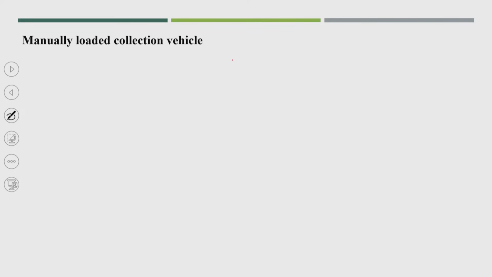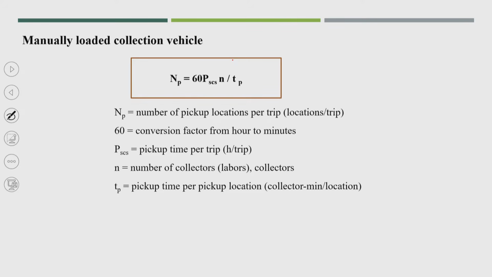And now, a few equations for the manually loaded collection vehicle. NP we can calculate by 60 into PSCS N divided by TP, which is also a simple expression for the NP value, where the number of pickup locations is finalized by the pickup time multiplied by the number of collectors, or how many laborers are working.